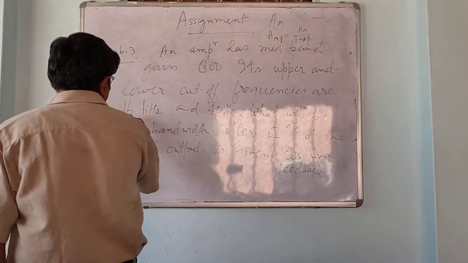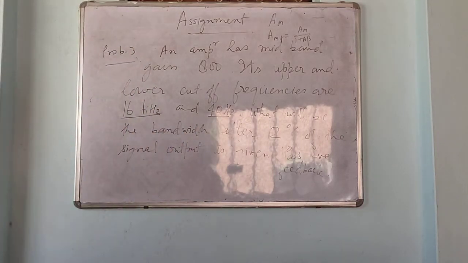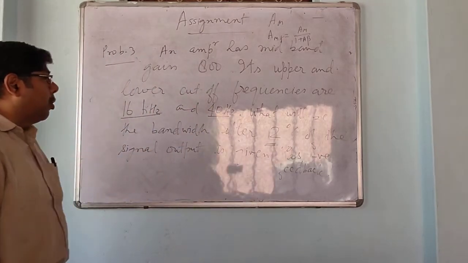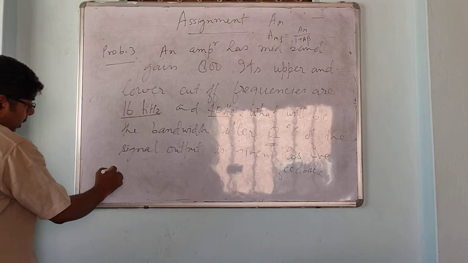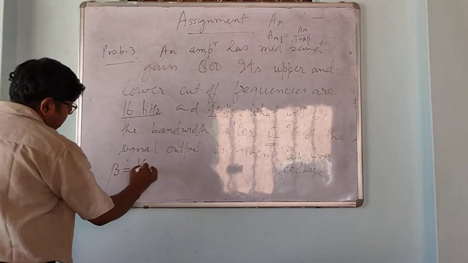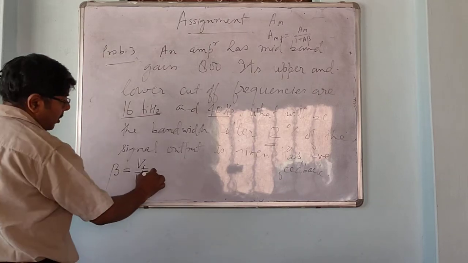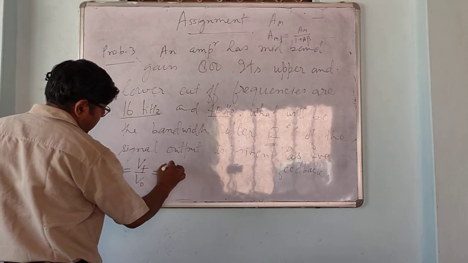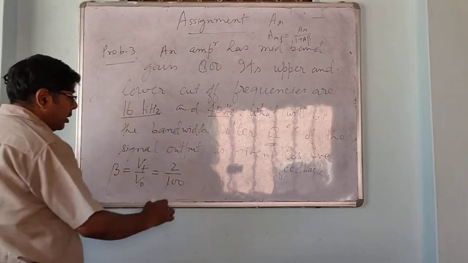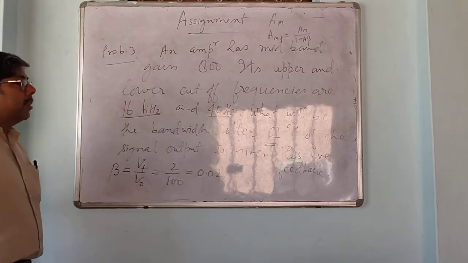These two frequencies are given, upper and lower. What is the meaning of this 2% of the signal output? Obviously 2% means beta, which is defined as feedback upon output. So we can write 2 upon 100. That is 0.02.